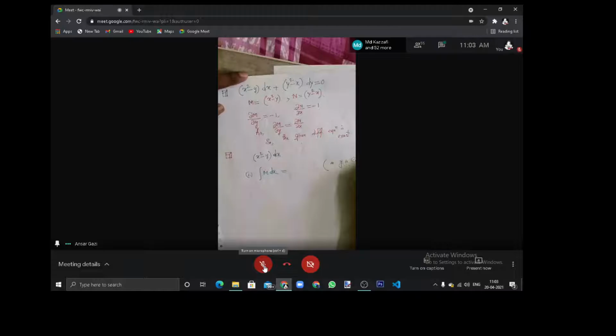If it is exact, then the solution procedure is in this way. If it is not exact, then the solution procedure is different. We can use this method only if the first order, first degree differential equation is exact. So check del M by del y, calculate first of all M dx, and also calculate N dy.